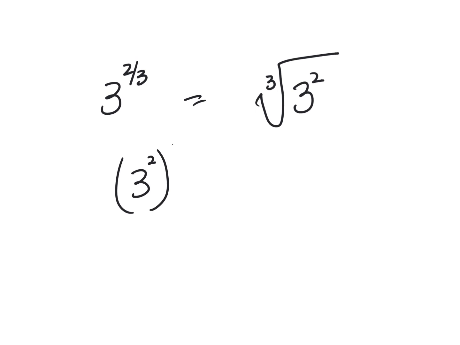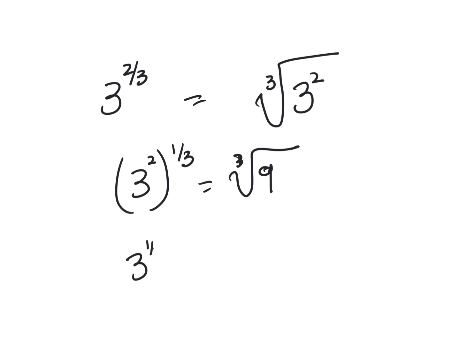Let's say I have 3 to the 2/3. What's that mean? That is 3 squared cube rooted, right? So it's 3 squared to the 1/3, which is the cube root of 9. What if I do it this way?